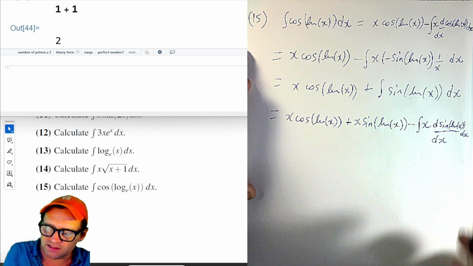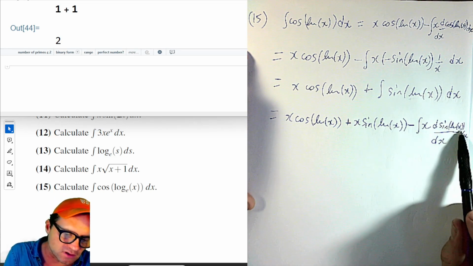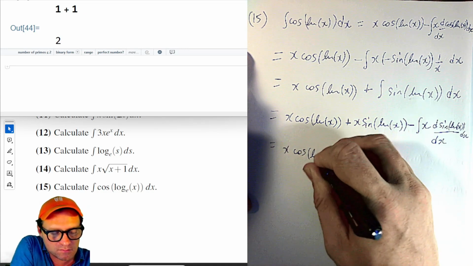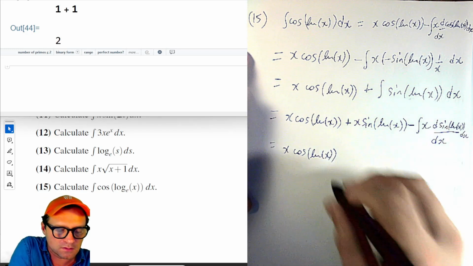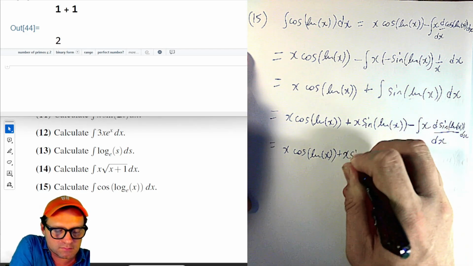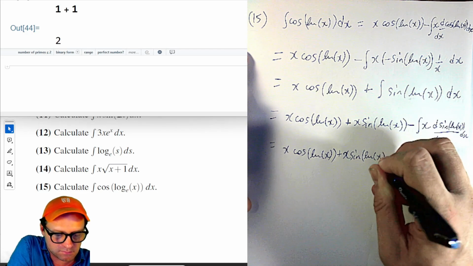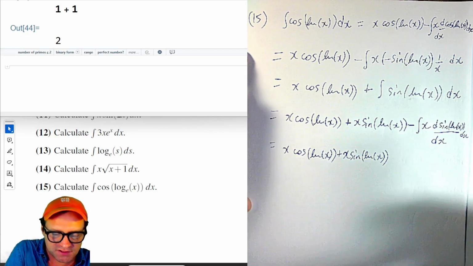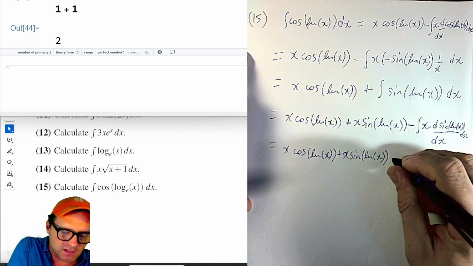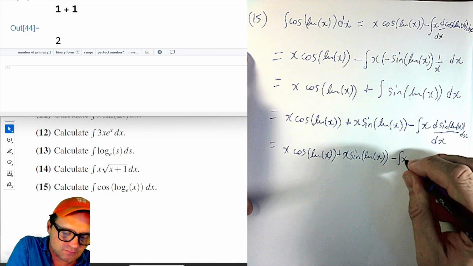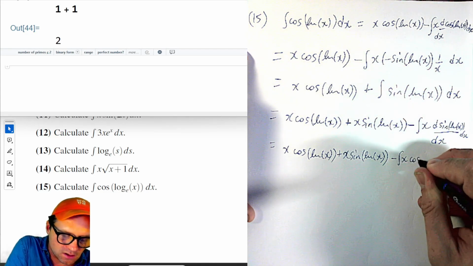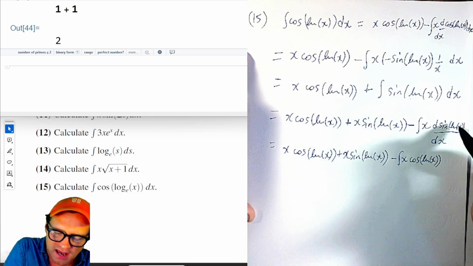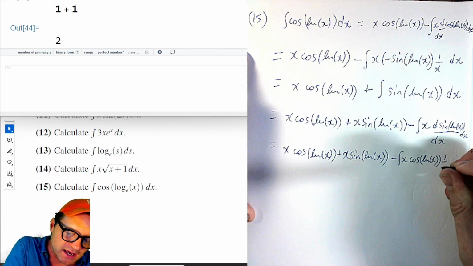Okay, and so now we need to differentiate sine of natural log of x. So again, using the chain rule, the derivative of sine gives cos. So we have minus x cos of natural log of x. And the derivative of natural log of x with respect to x is 1 on x.